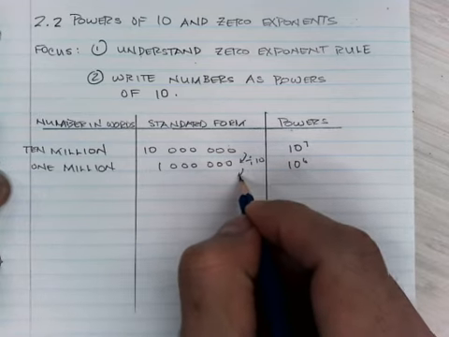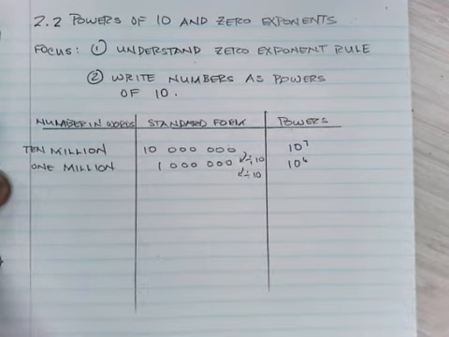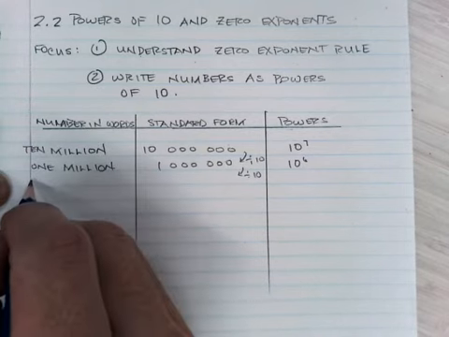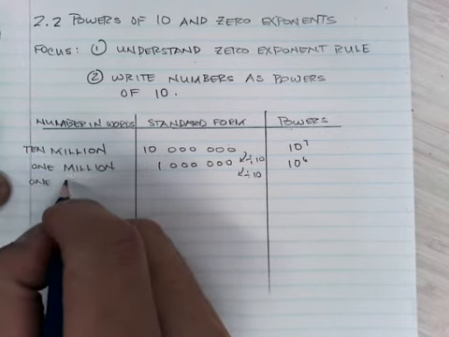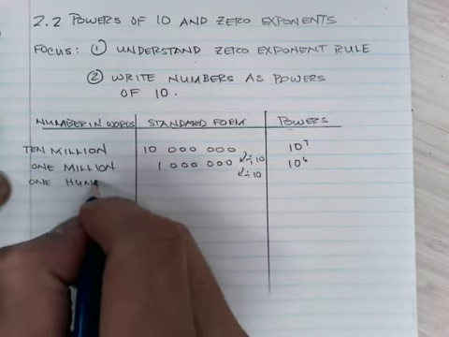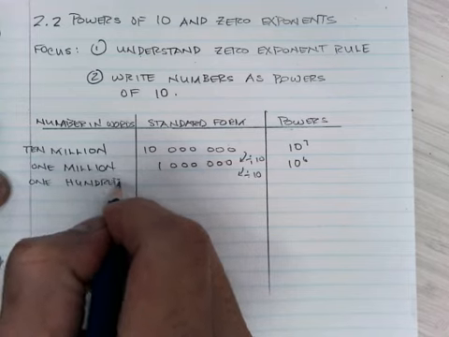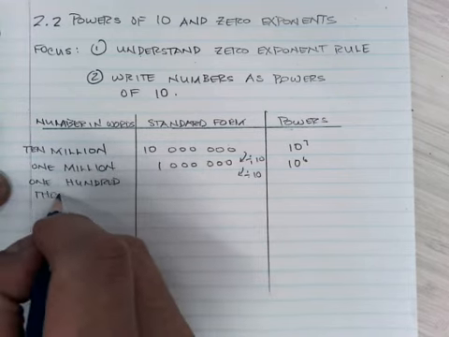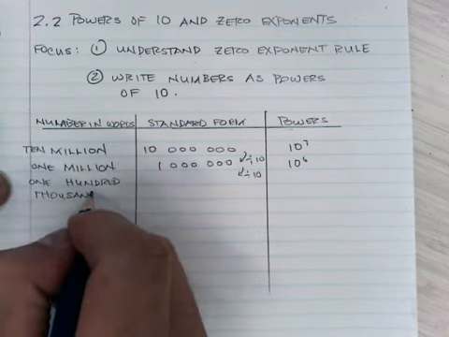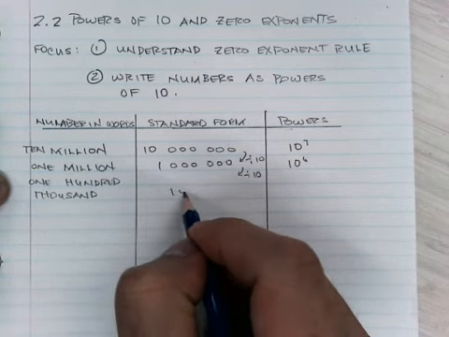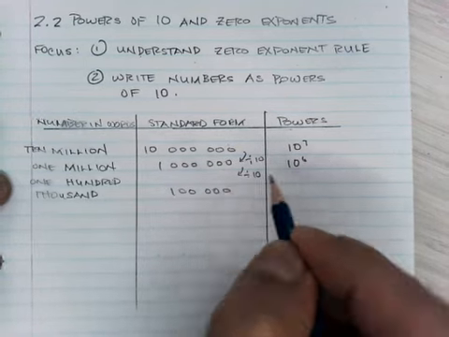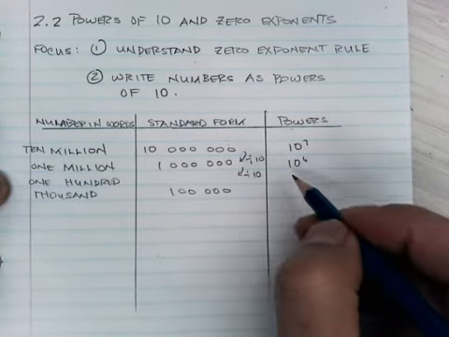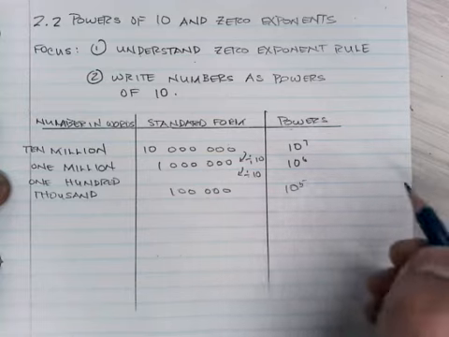Divide this by 10 again, and our next number will be 100,000. And that's going to look like this. Okay, and that is 10 to the 5.